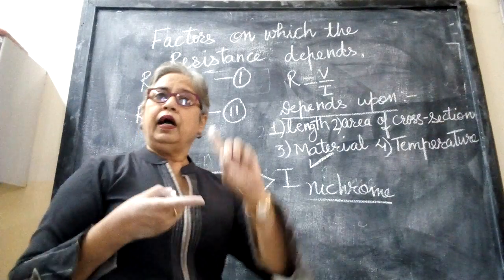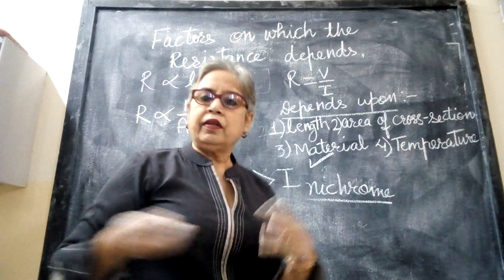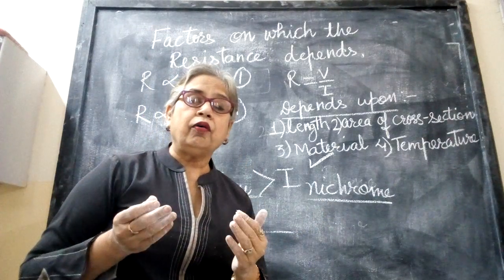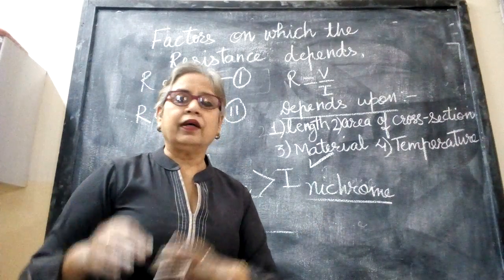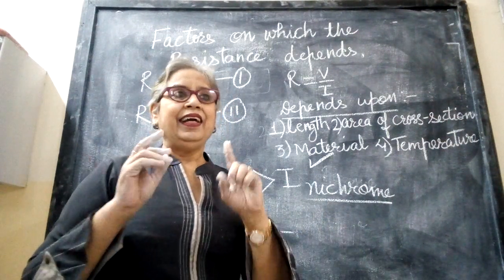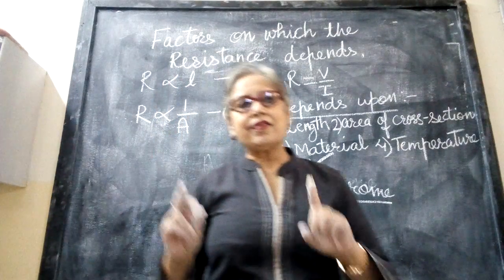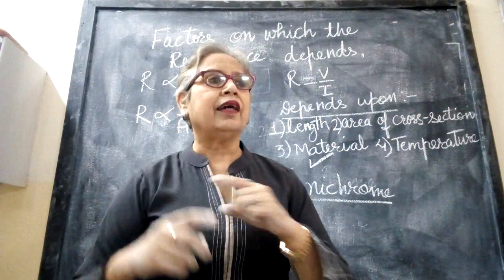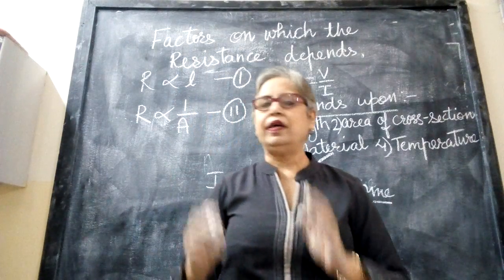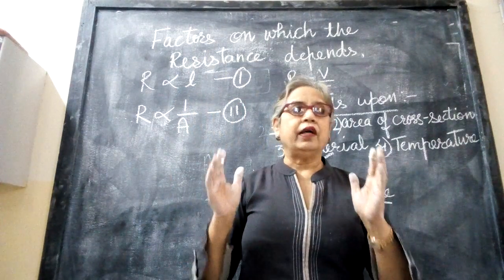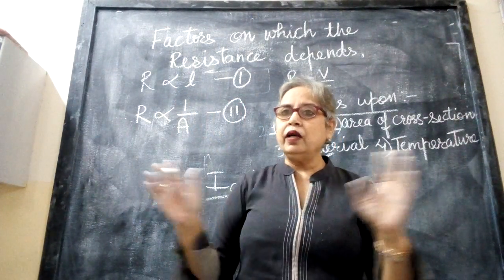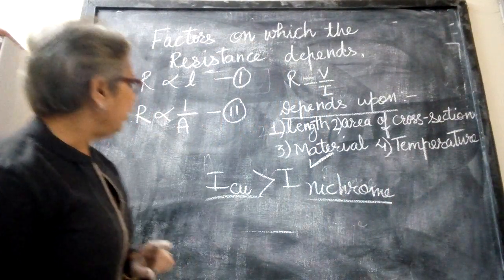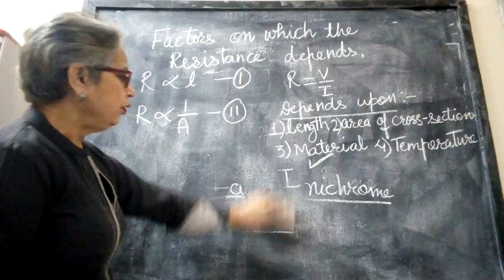Now the length, the area and the material are absolutely the same, but you find that the value of the current has decreased. It means that the resistance of a conductor increases with the rise in temperature. So again I repeat, you have to unplug the key in between the readings. Okay, I think it's clear to you now.